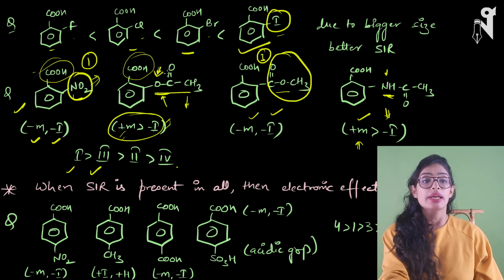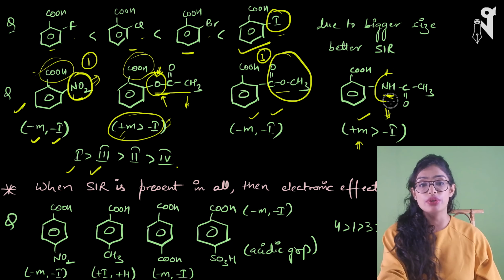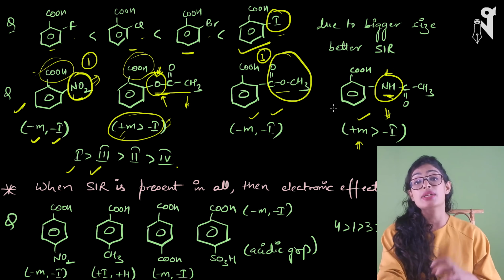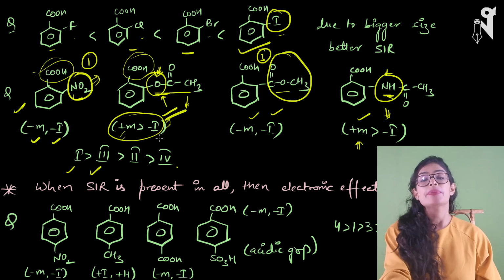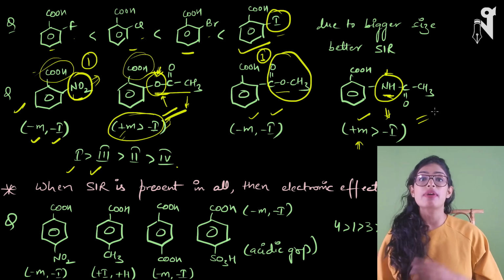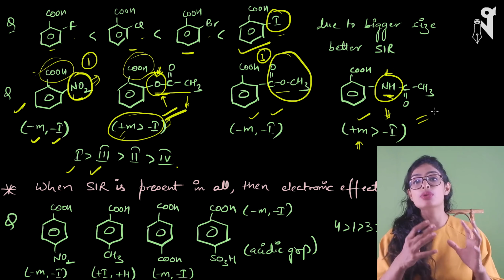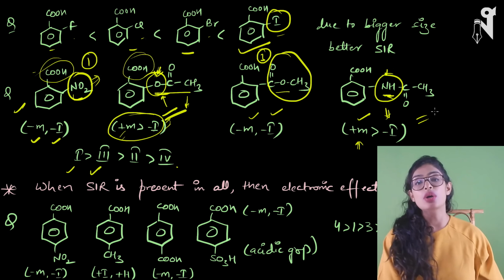Hence inductive effect is something which will be important to check over here. Oxygen is more electronegative than nitrogen over here, and hence will show a better electron withdrawing inductive effect, and hence this will be more acidic as compared to this one, because nitrogen is lesser electronegative as compared to oxygen, and hence will be able to withdraw electrons through inductive effect relatively lesser than your oxygen.